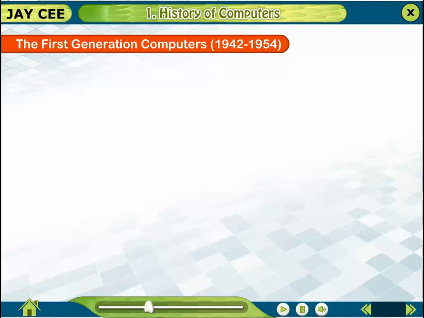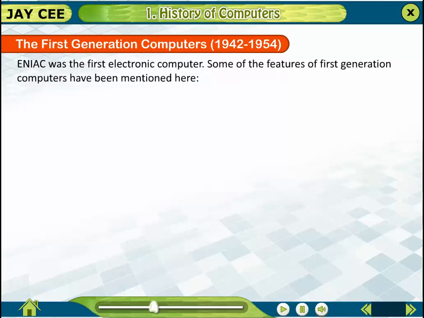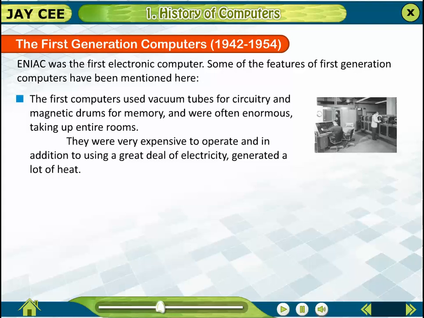The first generation computers, 1942 to 1954. ENIAC was the first electronic computer. Some of the features of first generation computers have been mentioned here. The first computers used vacuum tubes for circuitry and magnetic drums for memory, and were often enormous, taking up entire rooms.